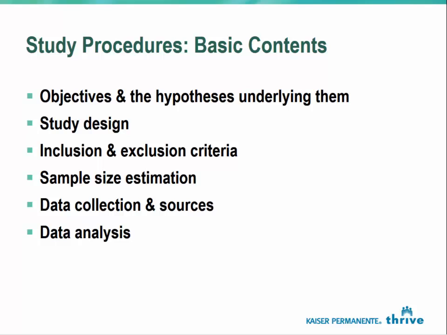You'll have a sample size estimation to show that you have enough patients or subjects to have sufficient power to detect any differences that may be between your groups. Then you'll talk about the data collection and the sources of your data, where you're going to get these data from, how they're going to be captured, and finally the analytics, maybe it's statistics, maybe it's descriptive.